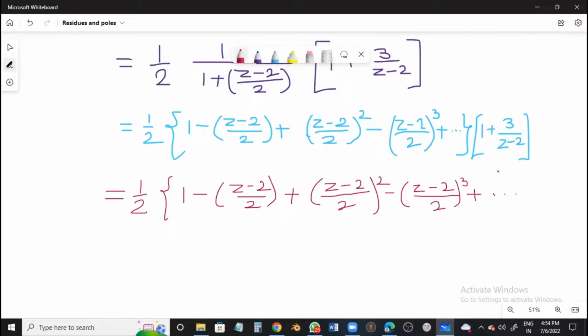So if I multiply by 1, I get all those terms as they are. Now I'm multiplying by 3 upon Z minus 2. If I multiply the positive one, it will remain positive, and the negative one will remain negative. The sign here is plus. Keep this in mind. So this is 3 upon Z minus 2.